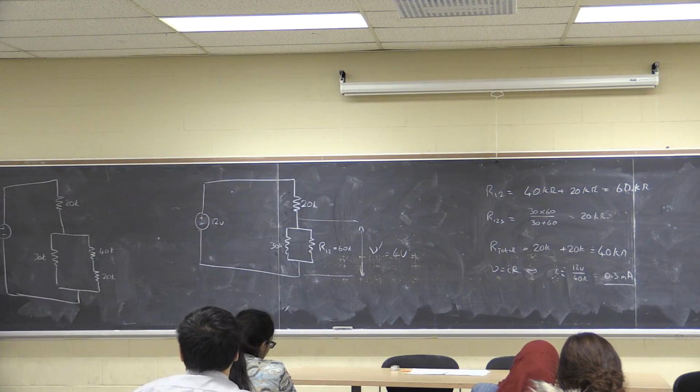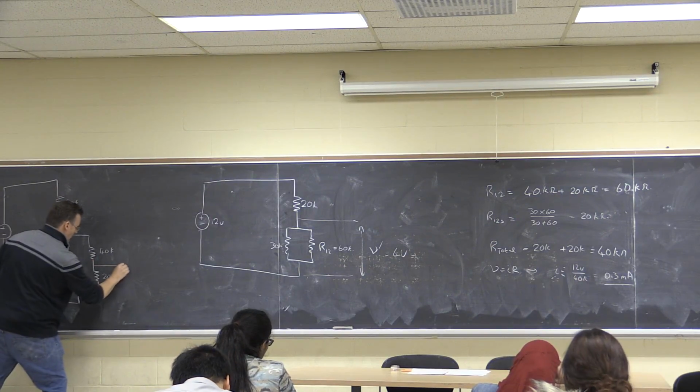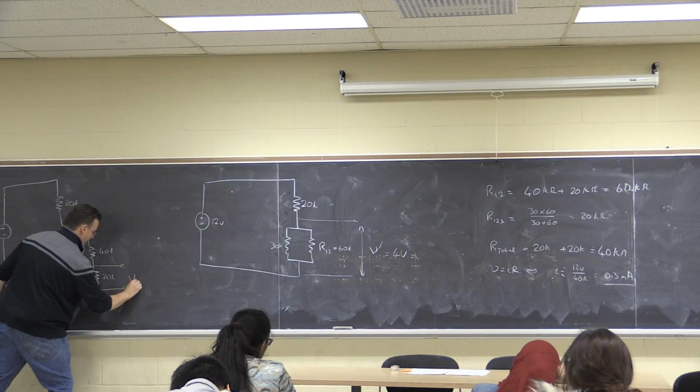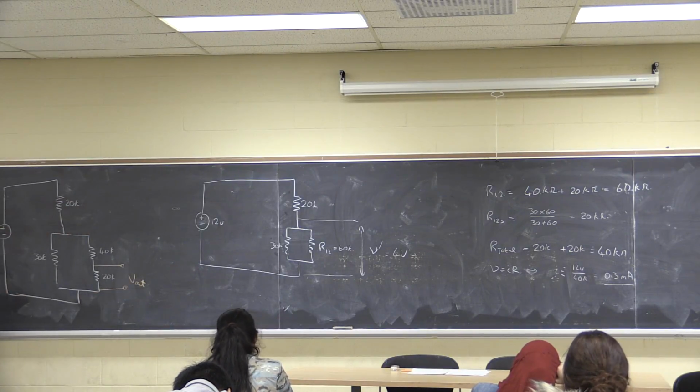And my original problem, if I go back, was what is the voltage out at that point. Okay, so I've just redrawn it. It's the same circuit, I've just moved the components around a bit.